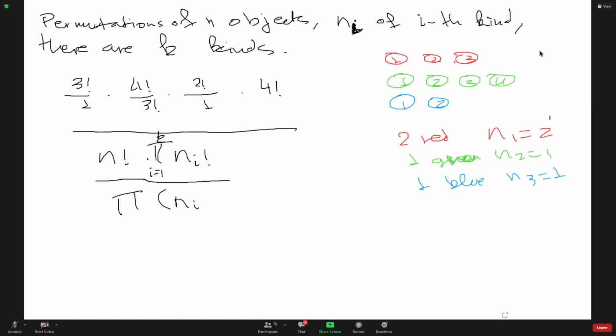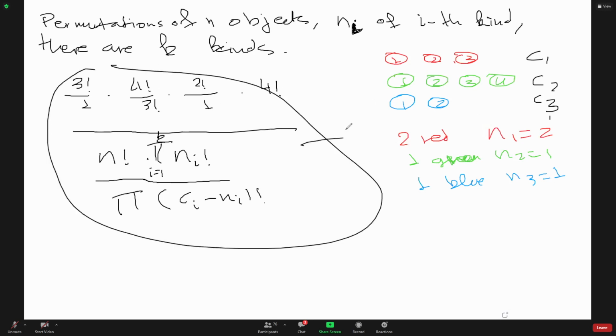So let's say the cardinality of the set. So here this would be Ci minus Ni, right? Factorial. And then indeed we have to permute by n, which is the number of positions. So this is the correct answer for that problem, which is not what I wanted.